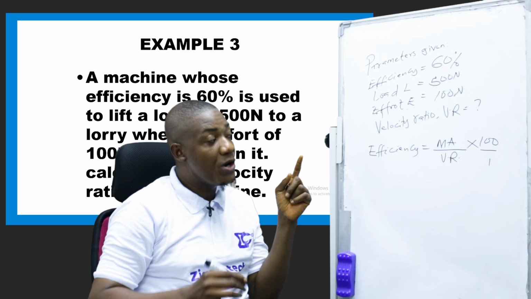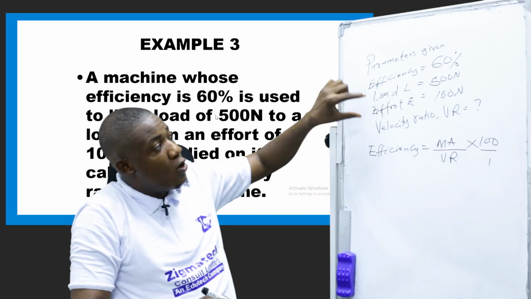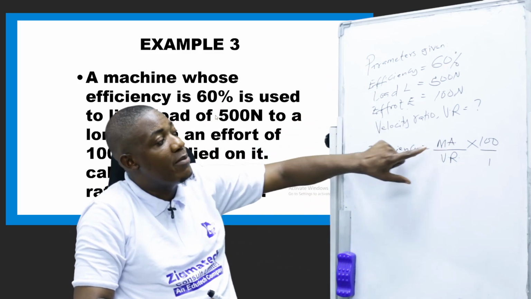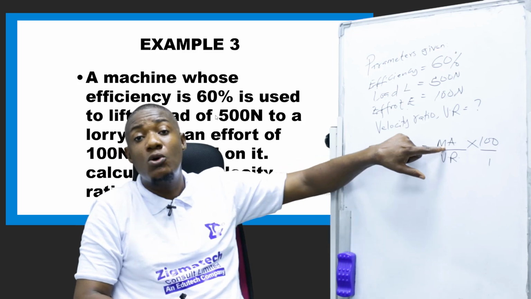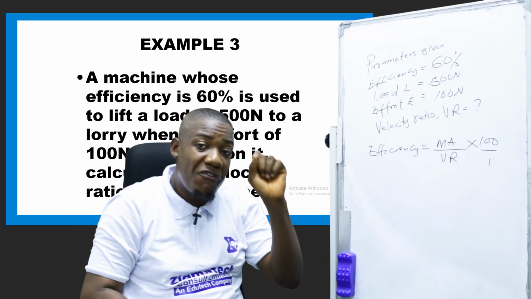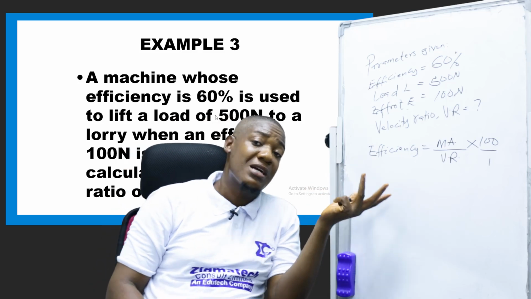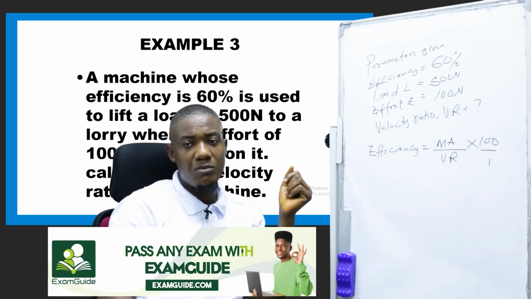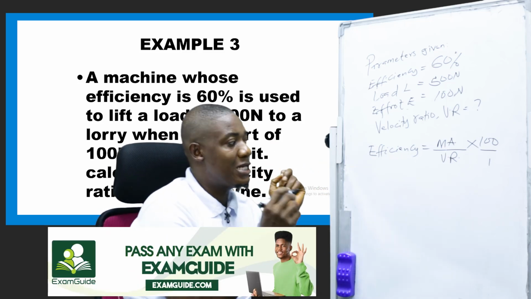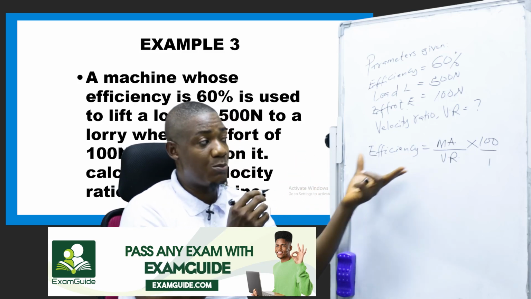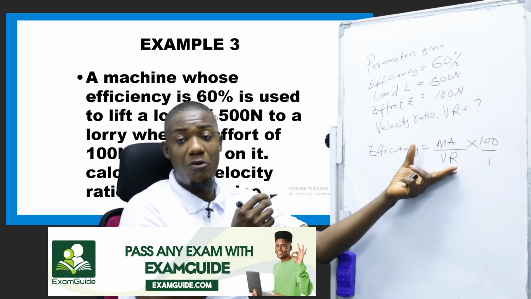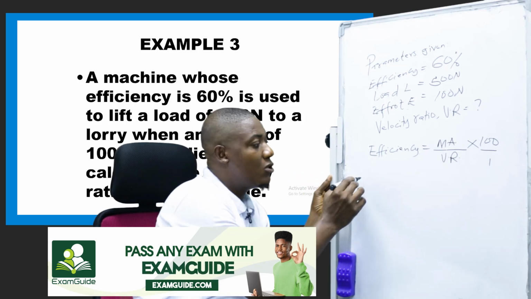But here, we don't have mechanical advantage, but we have two parameters that can enable us calculate mechanical advantage. So what we'll do first is to calculate the mechanical advantage. Is that okay? Let's calculate mechanical advantage and put it back in this formula. We'll get what we're looking for.